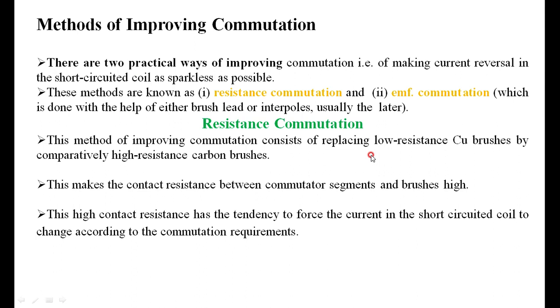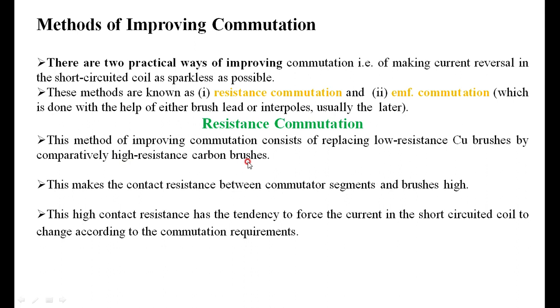Okay, then how do we improve the commutation process, how do we get sparkless commutation? There are two methods adopted. One is called resistance commutation, another is EMF commutation. In the resistance commutation, this method of improving the commutation consists of replacing low resistance copper brushes by comparatively high resistance carbon brushes.